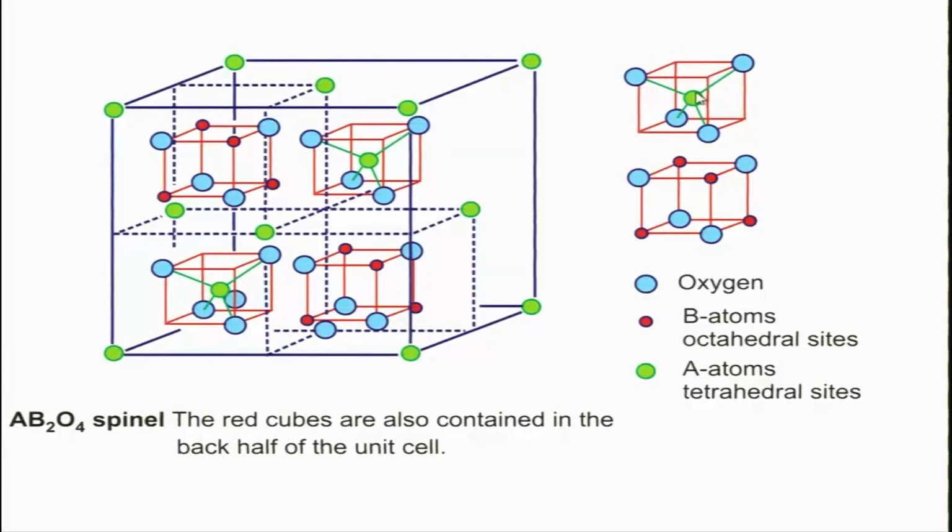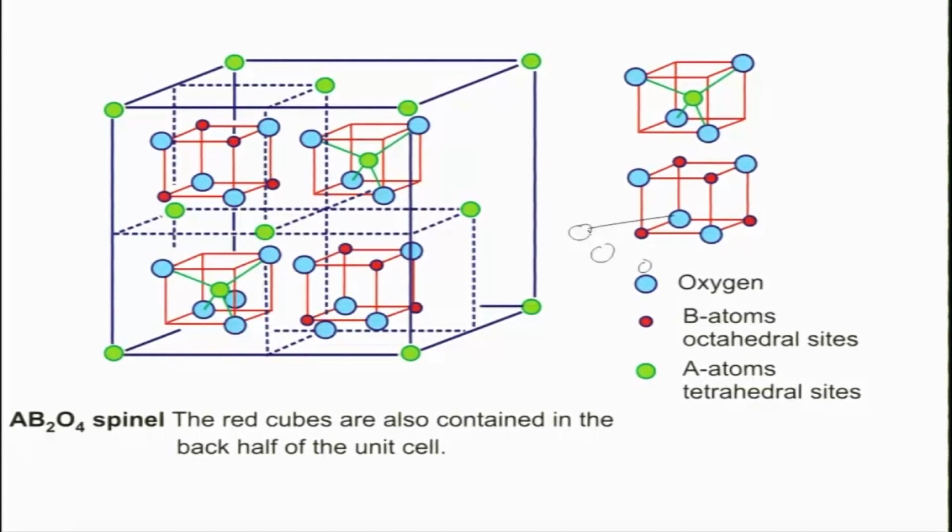This is the tetrahedral coordination, where each A atom is surrounded by 4 oxygen atoms, and this is the octahedral coordination. If you have one blue atom there, you will have another blue atom here, another blue atom here, and another blue atom here.